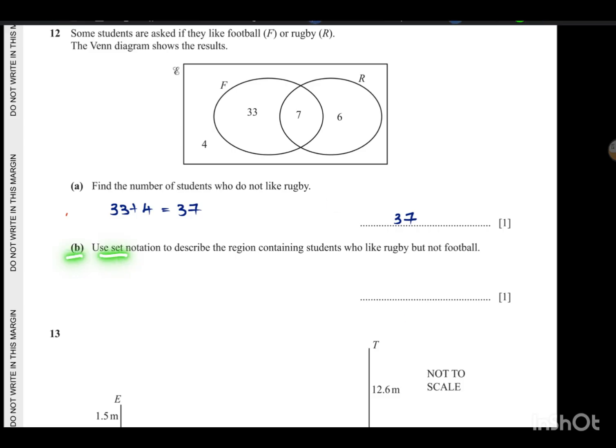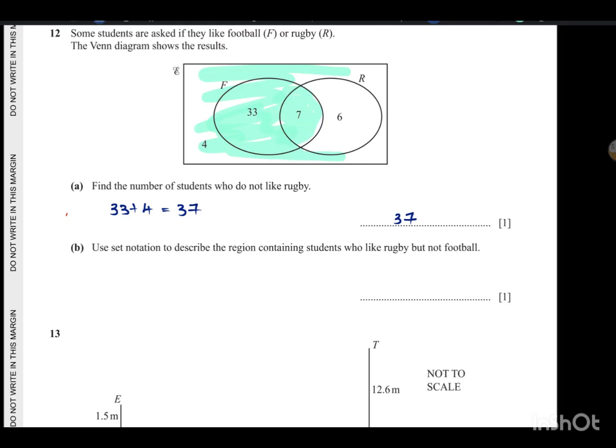Question B. Use set notation to describe the region containing students who like rugby but not football. Now the students who like rugby but not football will be the area outside football.